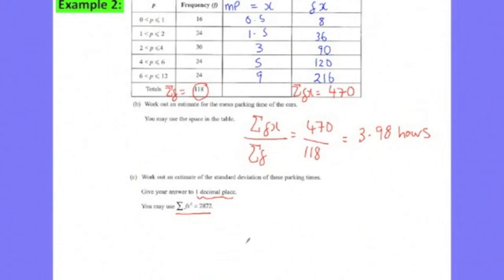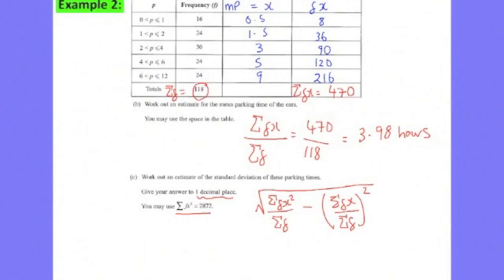So using our formula, if you look back at your sheet of formulas, the standard deviation here, where we have grouped frequency, is found by the square root of the sum of fx squared divided by the sum of f, subtract, big brackets, the sum of fx divided by the sum of f, all squared.